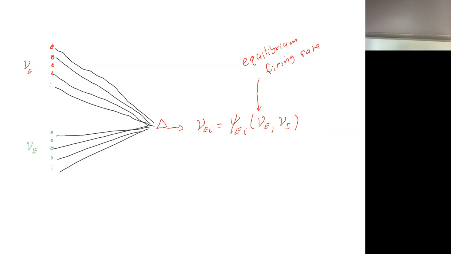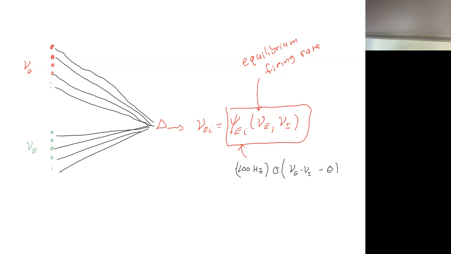Okay. So psi_E, a good way to think of it is sort of 100 hertz, more or less the maximum firing rate of any neuron, as a prefactor, times some sigmoidal function of, let's say, it's not a bad approximation, nu_E minus nu_I minus some threshold.